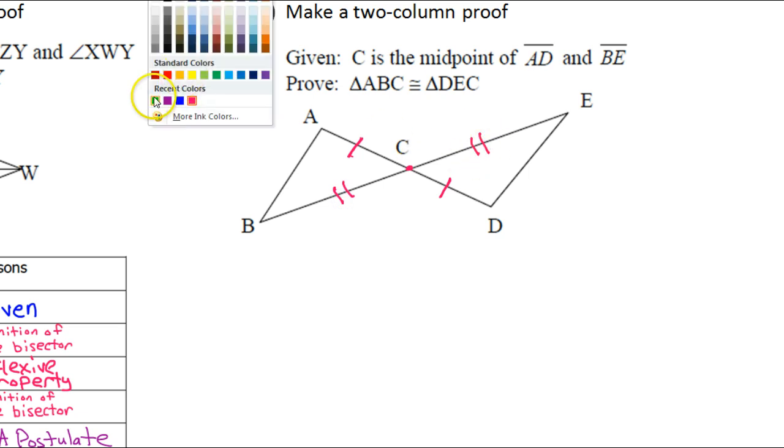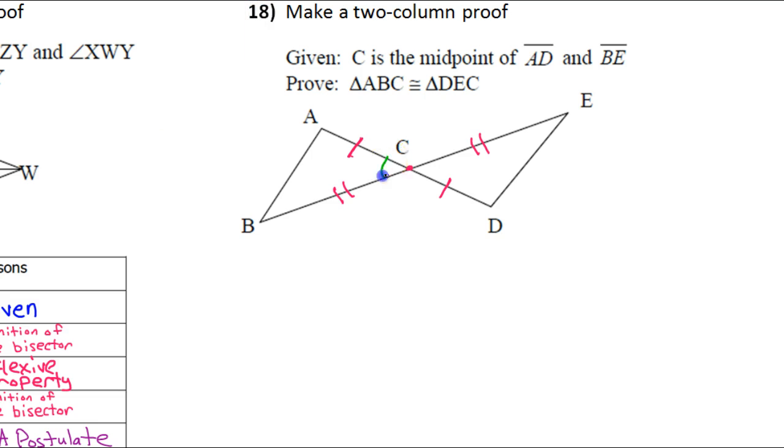But we also know that these vertical angles are congruent because they're always congruent. So with that information, we will be able to say that the triangles are congruent by the side-angle-side postulate.